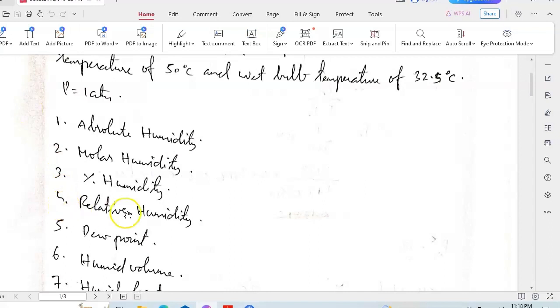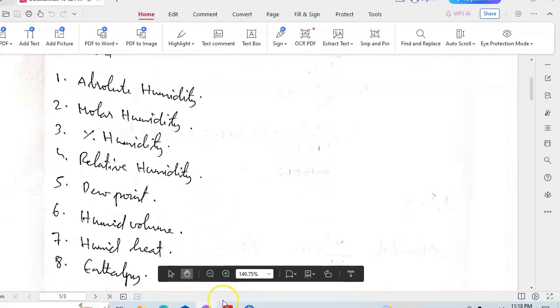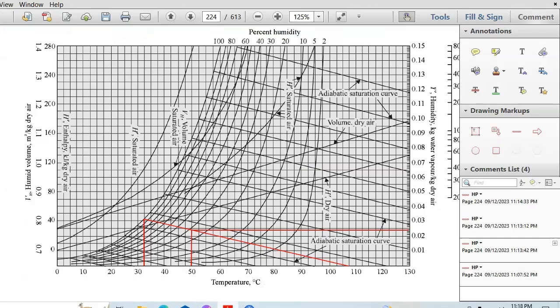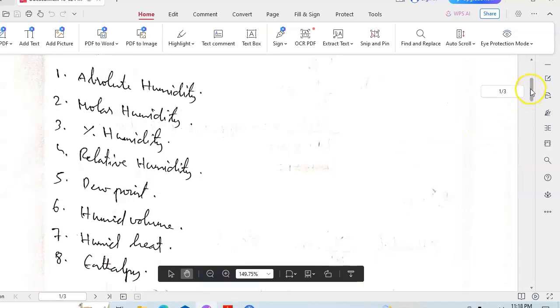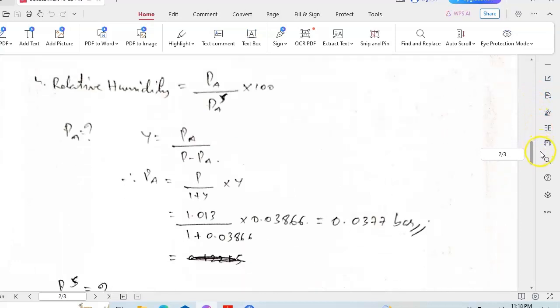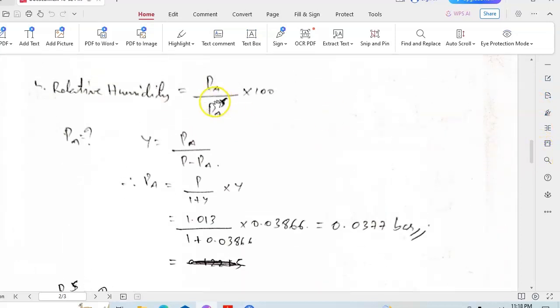Then the fourth one is the relative humidity. Relative humidity, moving to the psychrometric chart. We know the percentage humidity, and by knowing it we can analytically find the value of relative humidity. How? Relative humidity RH is equal to PA by PAS, partial pressure by vapor pressure, into 100.